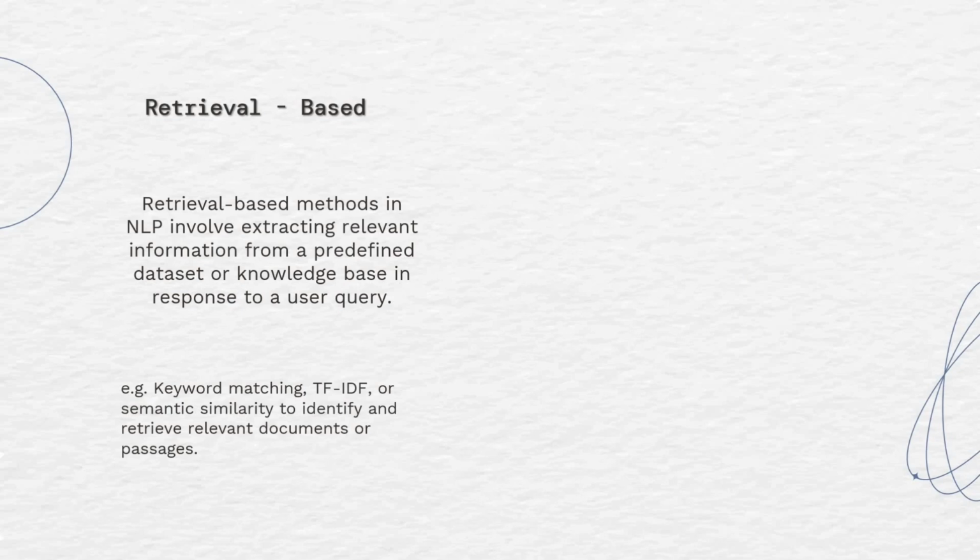The NLP techniques that form the retrieval based methods are keyword matching, TF-IDF, or semantic similarity to identify and retrieve relevant documents or passages. These are just few examples that I have listed down here, and if you are familiar with NLP, then you must be aware of these techniques.